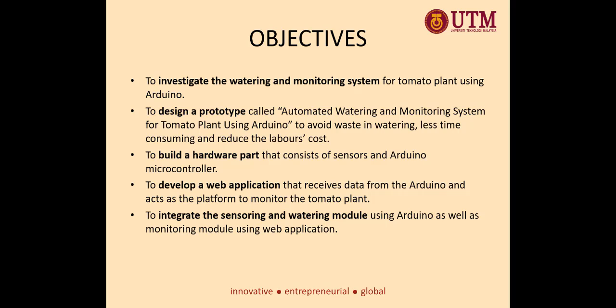So these are the objectives of the system: to investigate the watering and monitoring system for tomato plant using Arduino; to design a prototype called Automated Watering and Monitoring System for Tomato Plant using Arduino, to avoid waste in watering and be less time consuming, as well as reduce labor cost; to build a hardware part that consists of sensors and an Arduino microcontroller; to develop a web application that receives the data from the Arduino and acts as the platform to monitor the tomato plant.